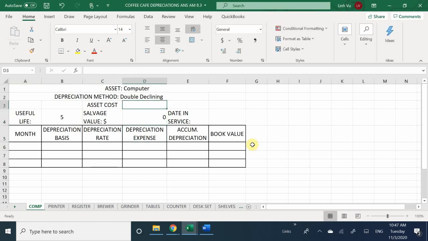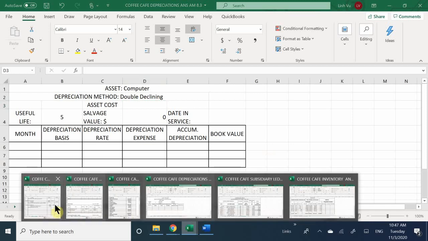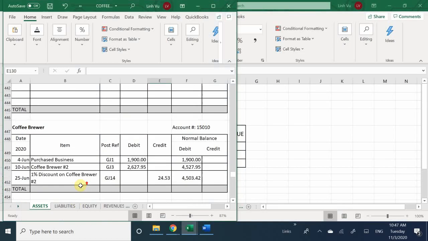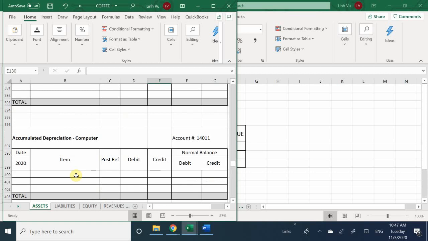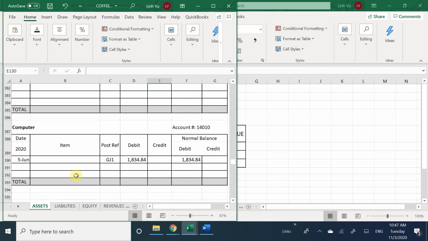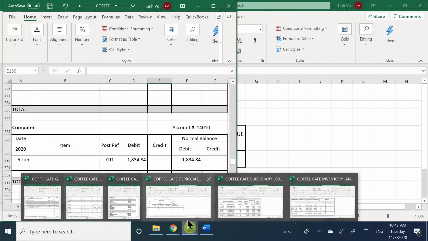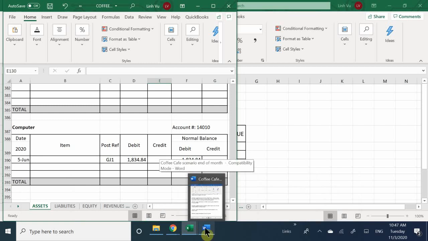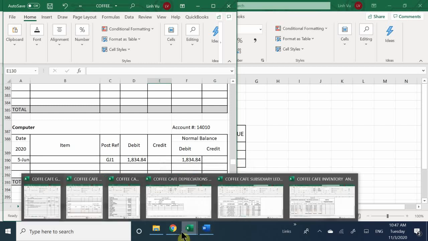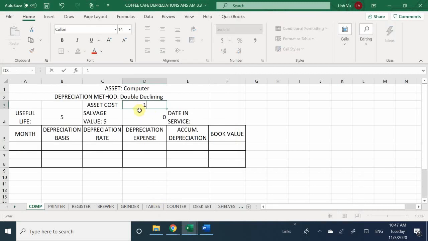Okay. So let's go ahead and look into our ledger to see how much our computer cost us. So how much did my computer cost me? $1834.84. Yes. $1834.84.